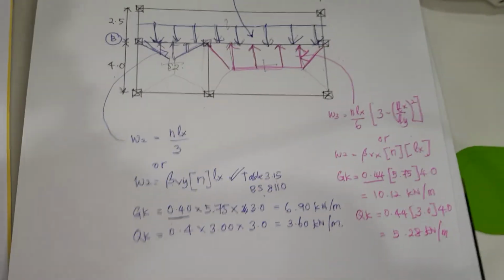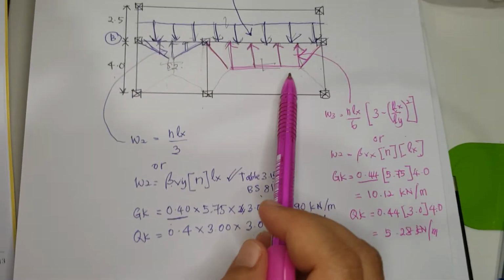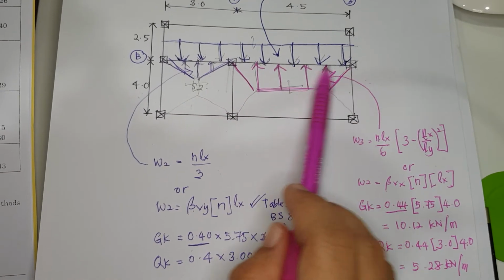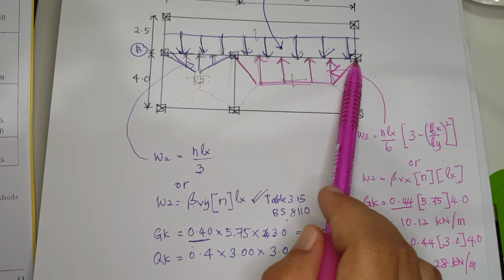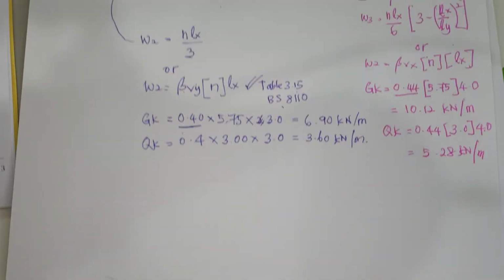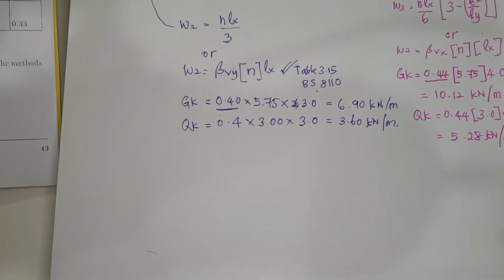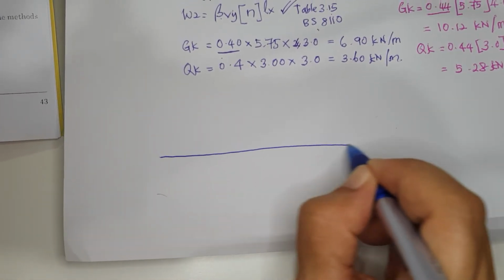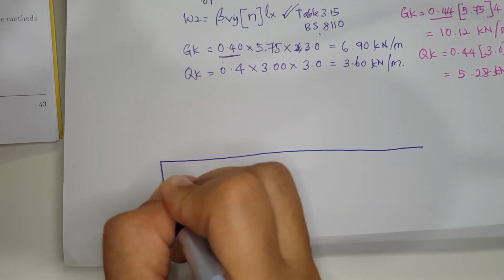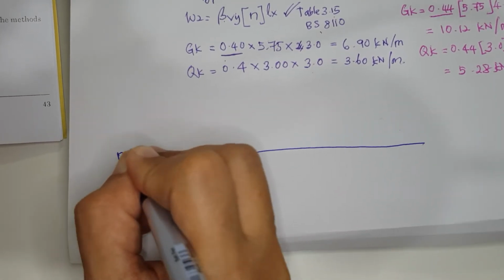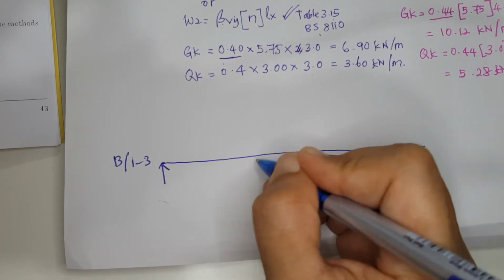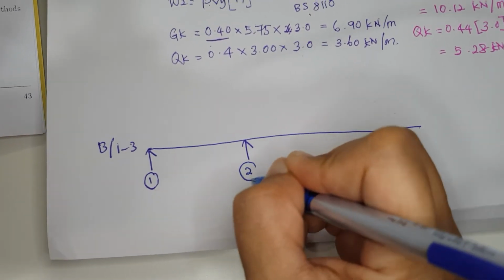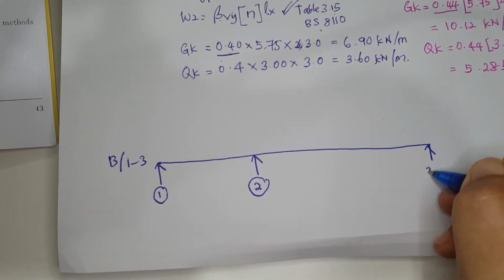We have calculated the slab load distributed to this beam B13. So I draw this beam. This is column number 1, column number 2, and column number 3.